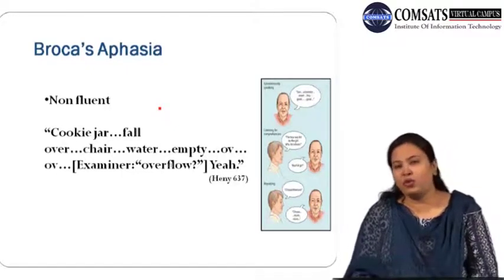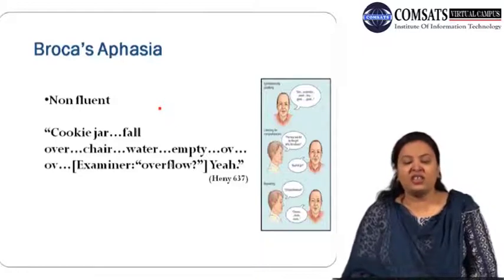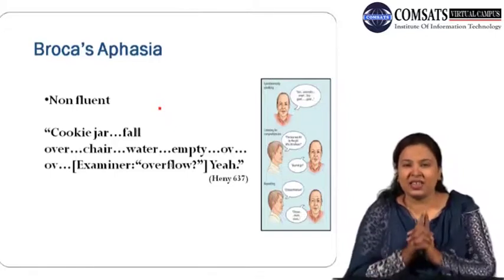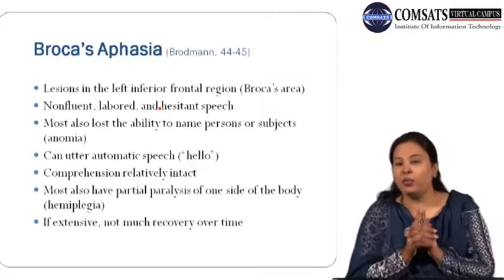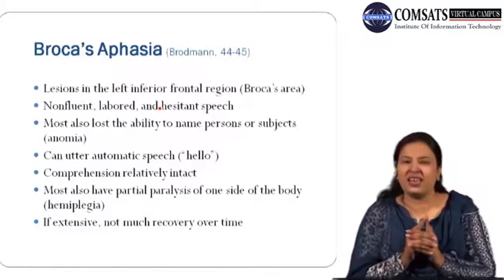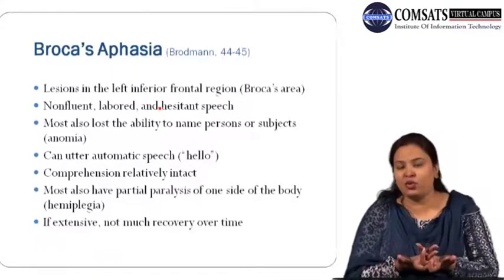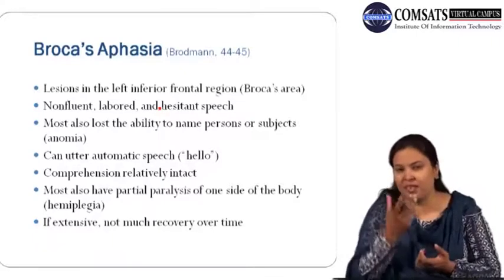According to Brodmann, pages 44 and 45, there are lesions in the left inferior frontal region. As I told you, this was the beginning of Broca. He was an important researcher and scientist who actually discovered this, a doctor, you can say some kind of neurosurgeon.